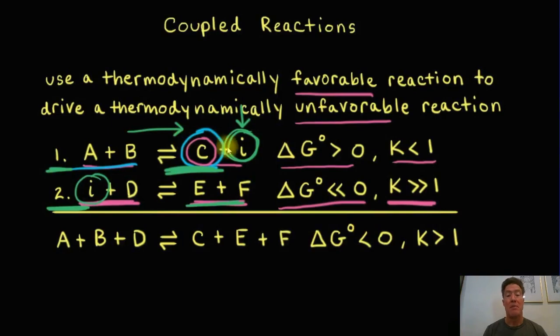So here is an example where we have an intermediate, and it costs us energy to make this intermediate, but we get energy back when we use that intermediate in the reaction. And as long as the delta G that we get back is greater than the delta G we invest, the overall sum of those two reactions is thermodynamically favorable.